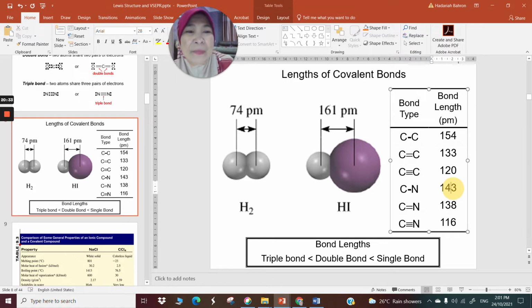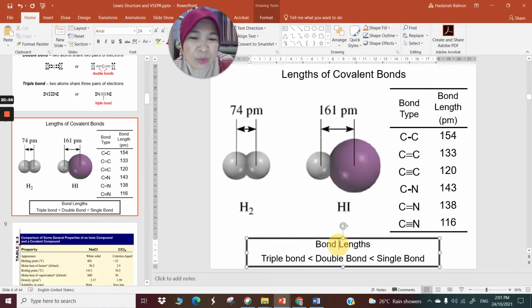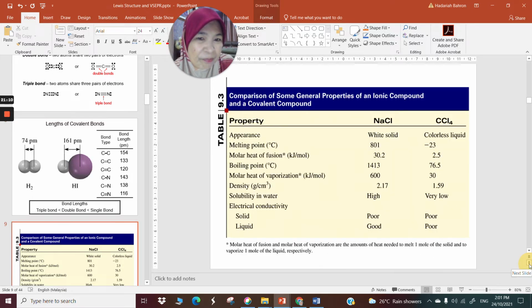Why is it shorter? Because nitrogen is smaller than carbon. And it follows that the C double bond N is shorter than C single bond N, whereas C triple bond N is the shortest of the three. So in terms of bond length, triple bond is the shortest, followed by double bond, followed by single bond, and single bond is the longest. And the strength is reverse. The strength of the bond is reverse.